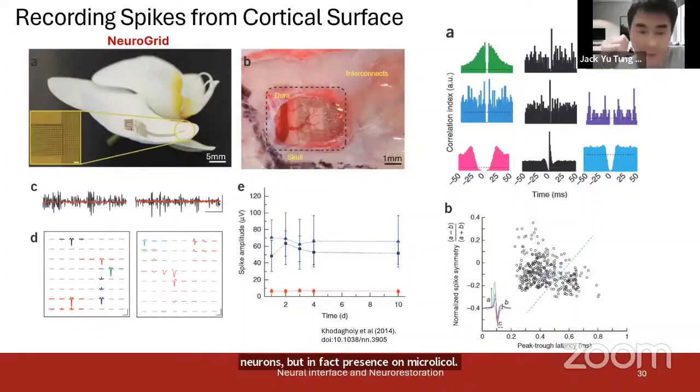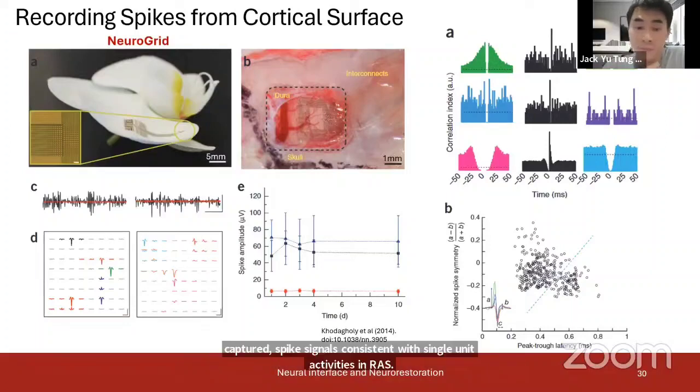So in this study by Khodagholy and colleagues, they used micro-ECOG arrays in anesthetized animals to capture spike signals from the cortical surface. And their micro-ECOG system, which they term NeuroGrid, captured spike signals consistent with single unit activities in rats, as well as in human patients undergoing epilepsy surgery.